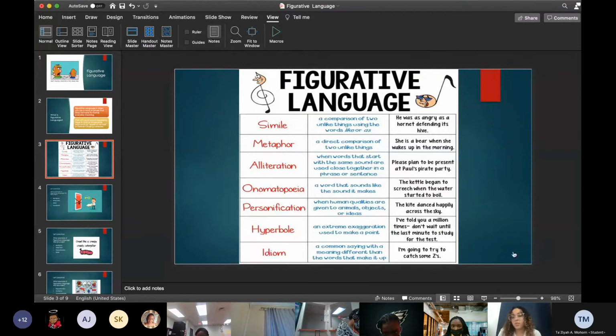Another example would be when Ms. Treywick is telling you guys, this is the last time, for the 100th time, that I'm telling you that you can submit your essay in. That's another perfect example. The last one is idiom, a common saying with a meaning different than the words it's made up of. I'm going to try to catch some Z's, meaning I'm trying to get some sleep.